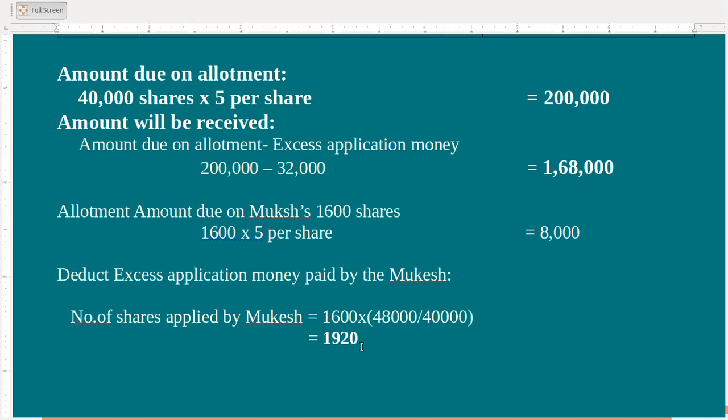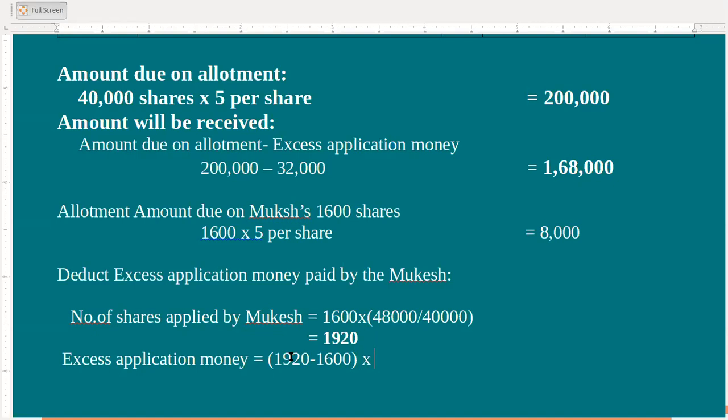So excess application money is equal to 1,920 minus 1,600, into application money.